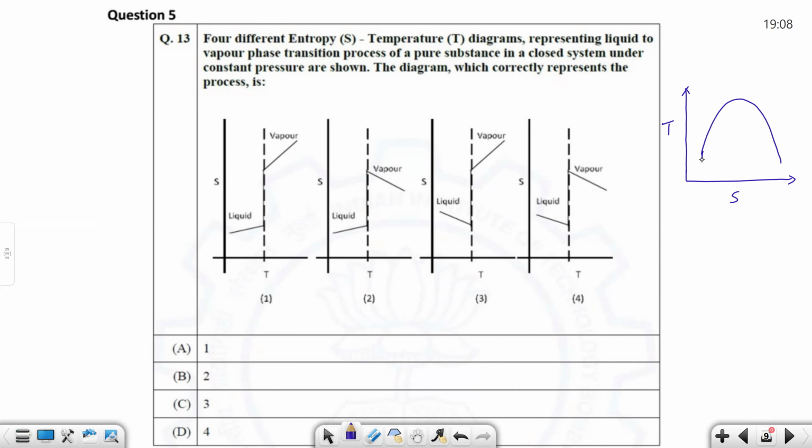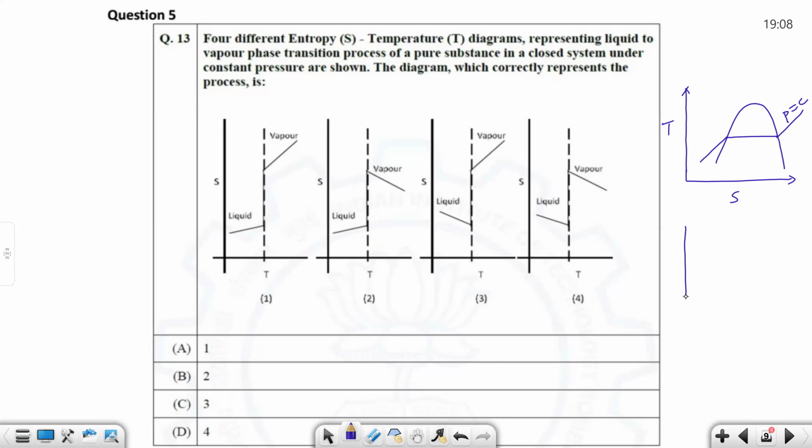So the constant pressure process will be like this. This is the pressure constant line. Now what is asked is the entropy is in the x coordinate, temperature in the y coordinate.